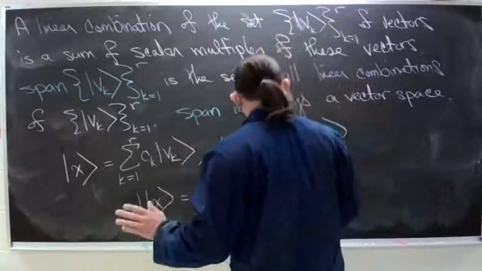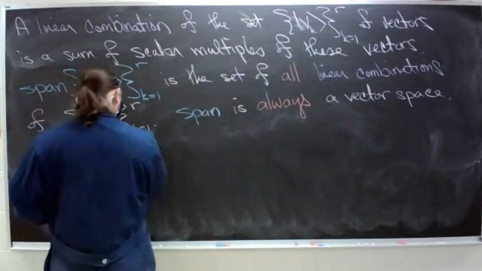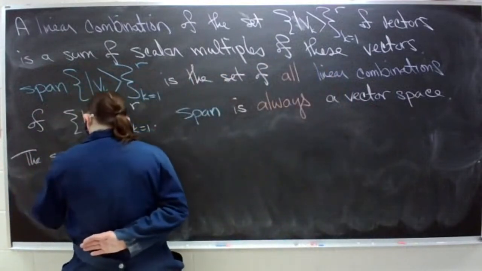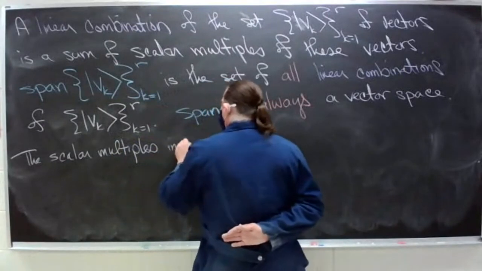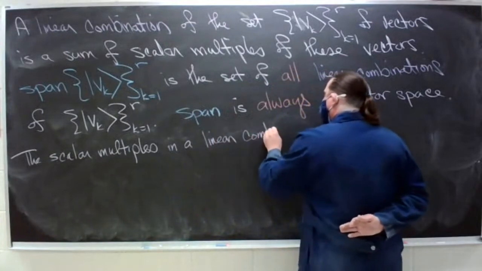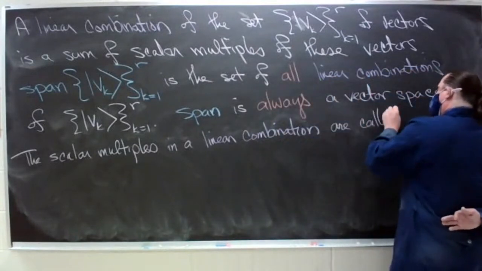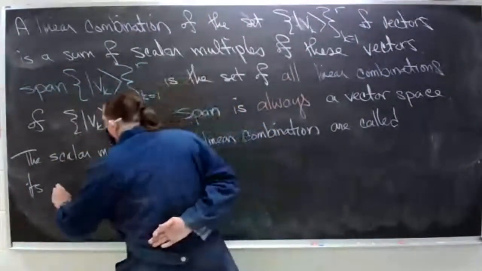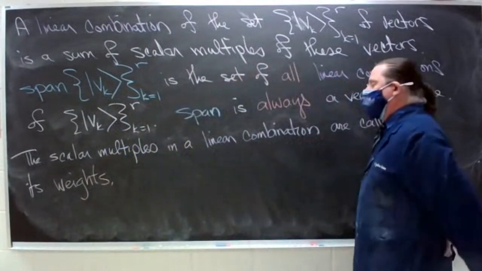Okay? Now, by the way, the c's, the scalars in the linear combination, are called weights. All right, called its weights.